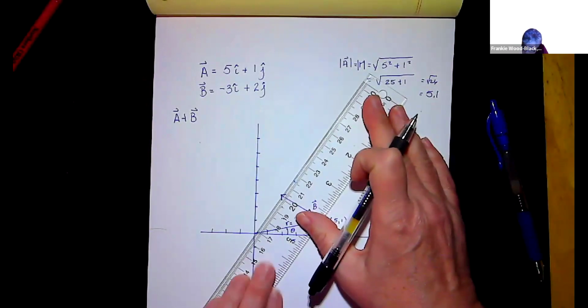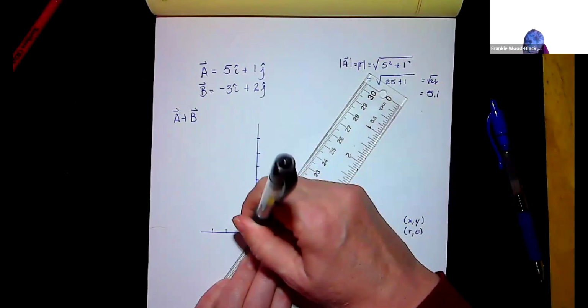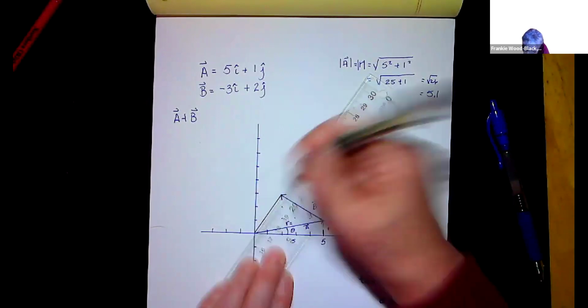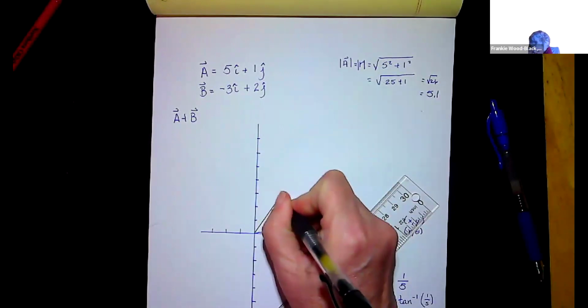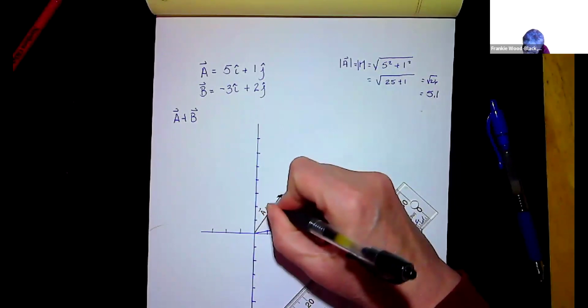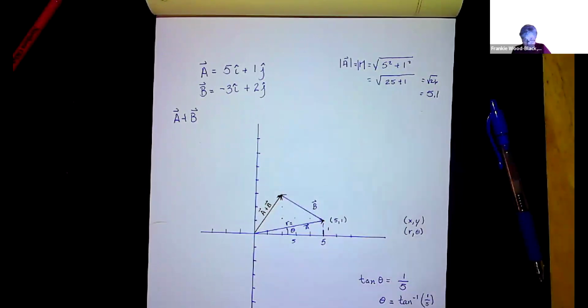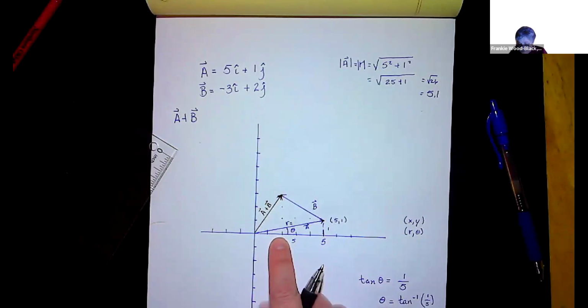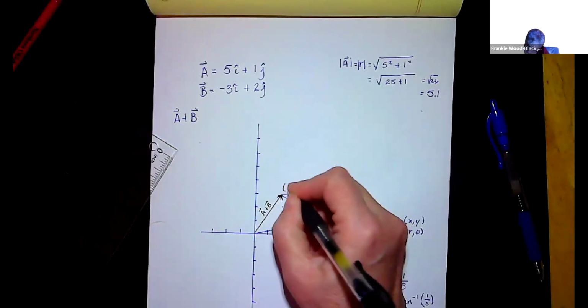This is going to be what we call the resultant vector. So this is vector A plus B. All right, that's my vector A plus B. And if I look at this, it looks like it's going to be a 2 because I'm reading it right off my graph.